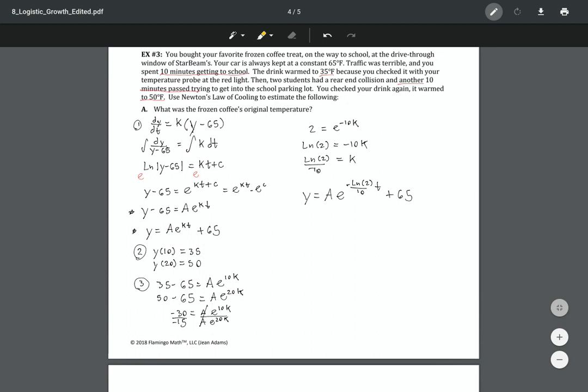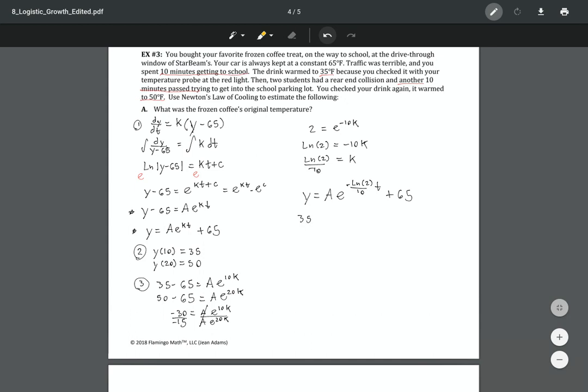So to do that, it doesn't really matter which function you use. In this case, I'm going to choose to use, what was it, 10 and 35. So y was 35. The temperature was 35.